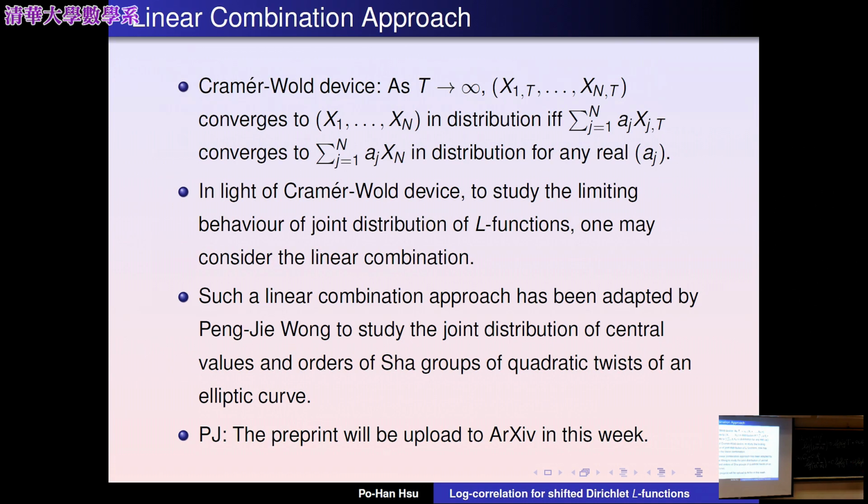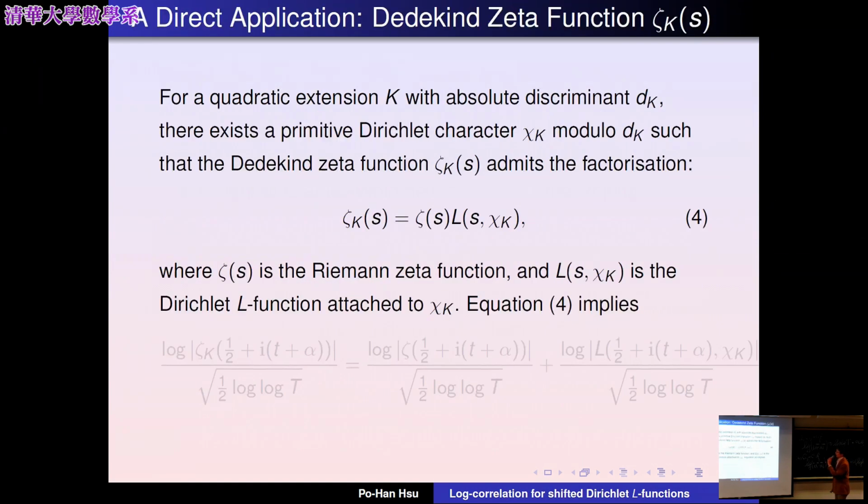Alright, so we have the Riemann zeta function, that is a duplicate of the work of Bogar.